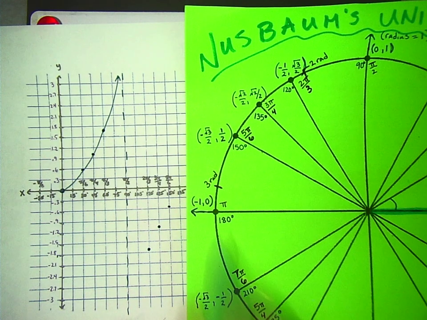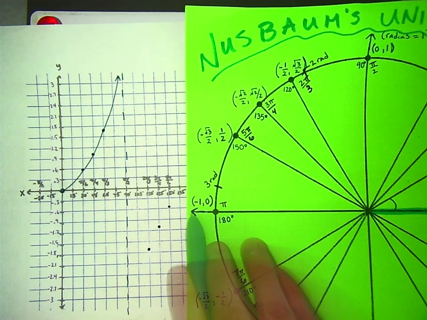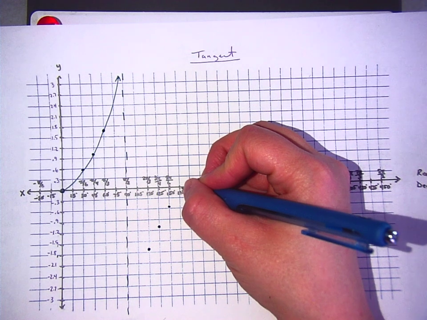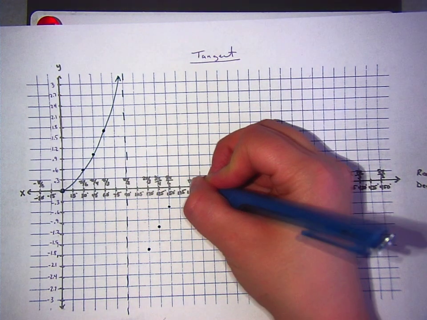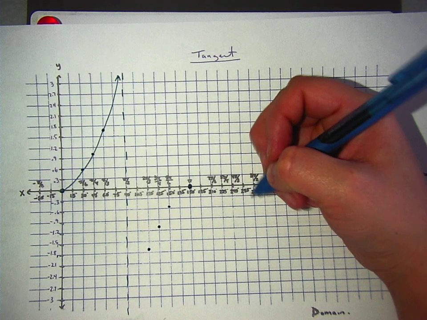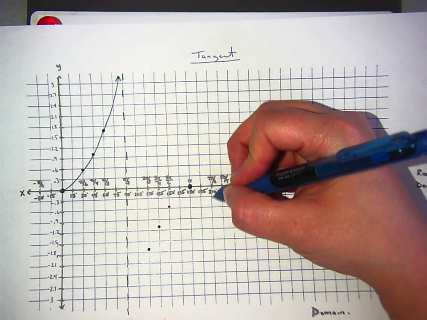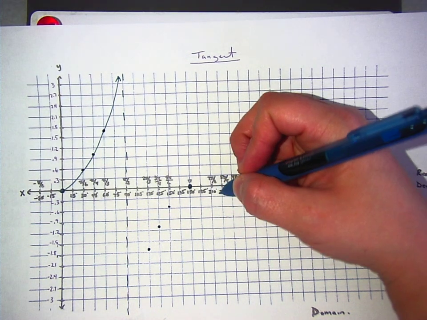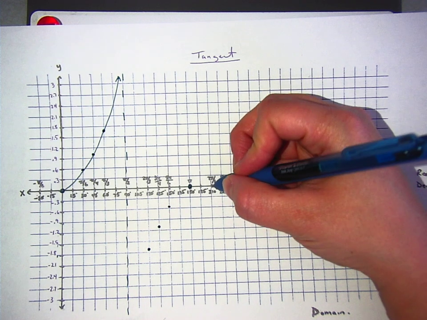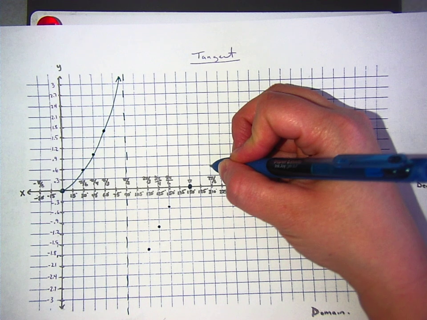Good, because 0 divided by negative 1 is 0. And then let's see, 7 pi over 6. Negative divided by a negative is a positive, so right there.